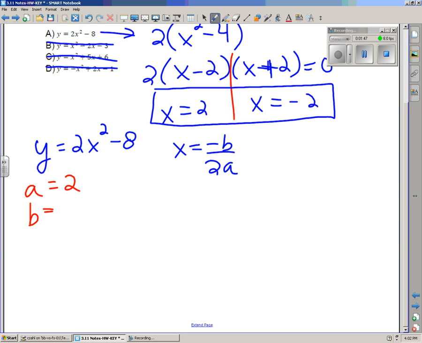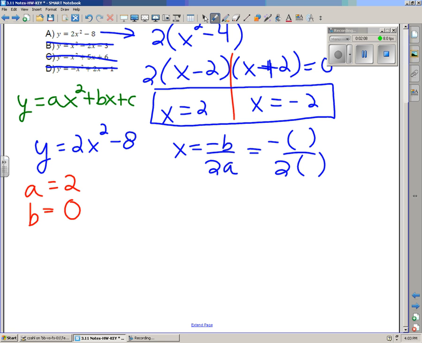There is no x term, so b is 0. So you plug into the formula x equals negative b over twice a. Again, b is 0, a is 2. When you do the math, you get 0 over 4, which is just 0.